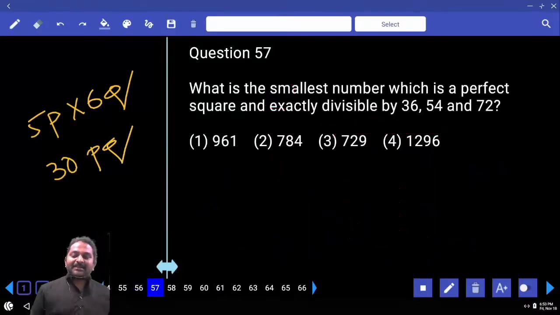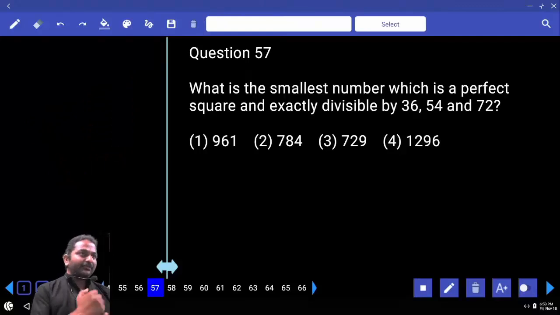What is the smallest number which is a perfect square and exactly divisible by 36, 54, 72? What is that you need to do? Come on. LCM. After finding LCM, that number is exactly divisible by 36, 54, 72. But apart from that, it has to be a perfect square.